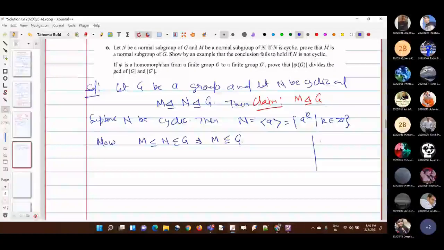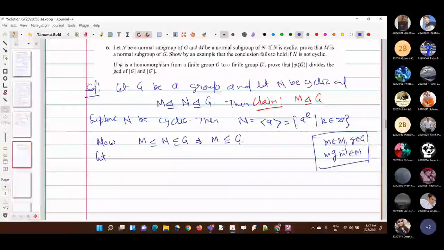We need to prove that for g in G and m in M, g m g inverse is a member of M, in order to prove that M is normal in G.